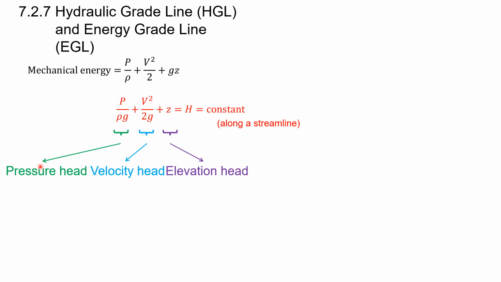The first one is pressure head because it's related to pressure. The second one we call velocity head, related to velocity, and the third part we call elevation head because it's related to height, different heights. So there are three things: pressure head, velocity head, and elevation head. All these three combined we call the total head.